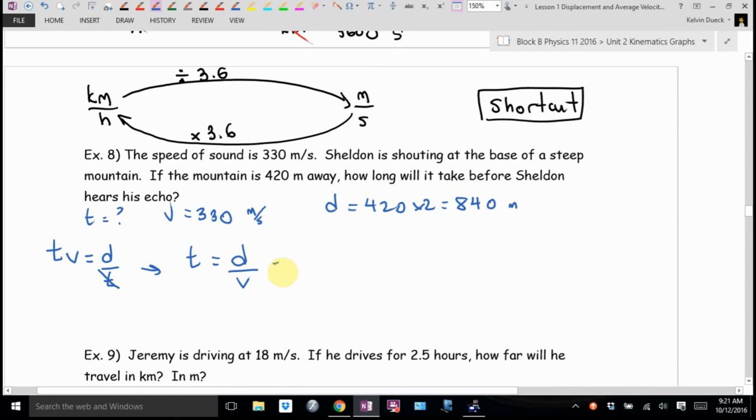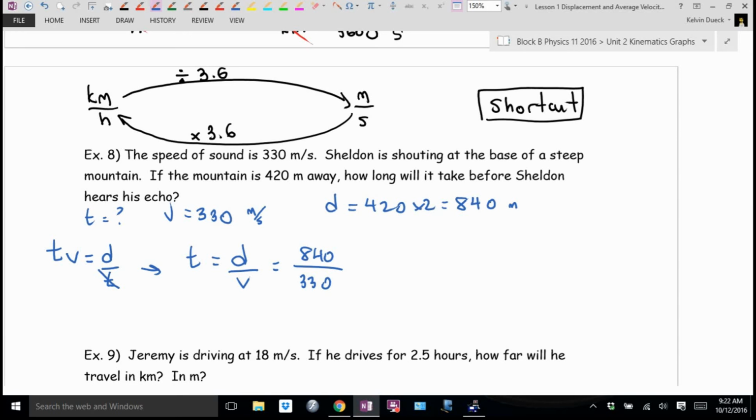Now we're at the plug and chug stage. Or in my DFIC, we listed our data carefully, found an equation, rewrote it. Now we're going to insert the numbers. d, 840 divided by 330. By the way, Kiana, the other thing we could have done is plugged in the 420 and then at the end doubled our time.